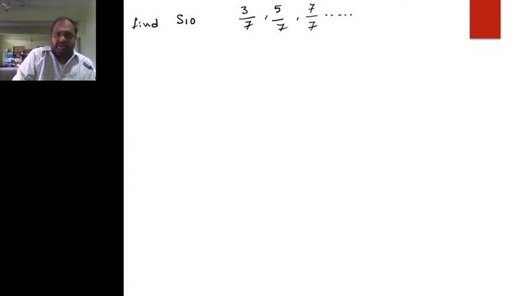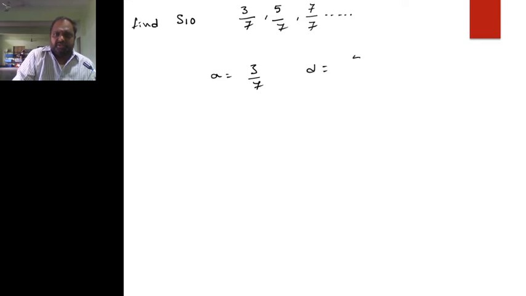Next, find S10. 3 by 7, 5 by 7, 7 by 7 and so on. Here A is equal to, that means first term is 3 by 7.